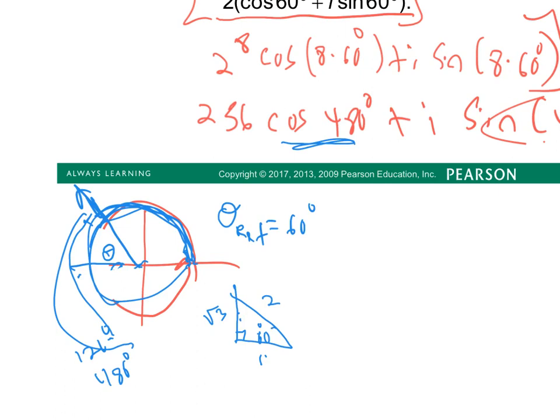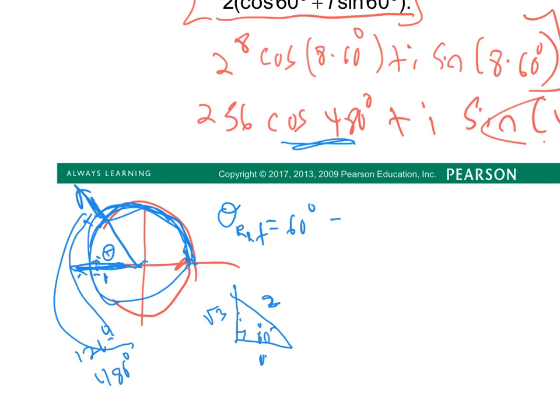Cosine of 60 is adjacent, 1 over 2. It's a half. But remember, in this quadrant 2, this value down here, which I call a 1, is negative 1. Cosine's negative in quadrant 2.